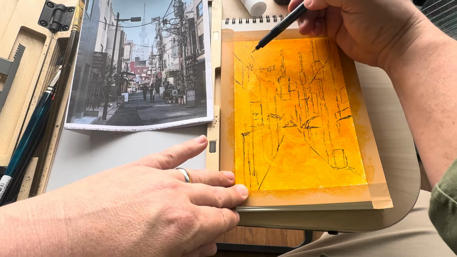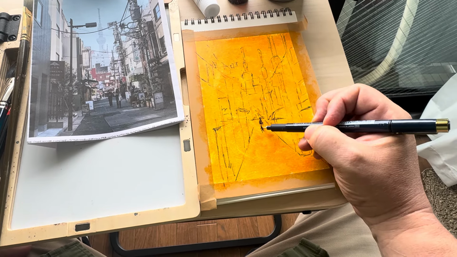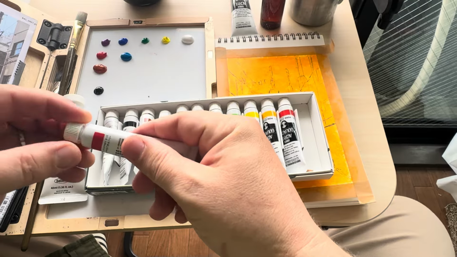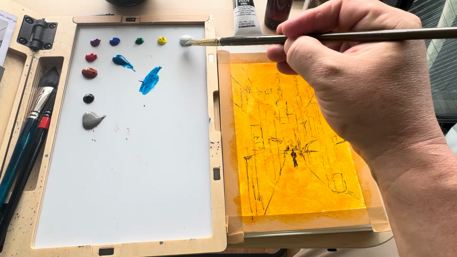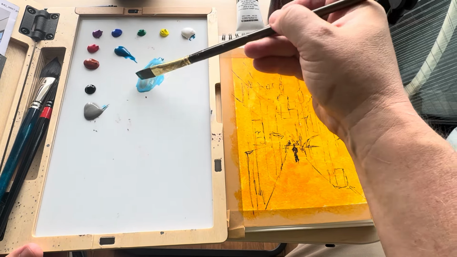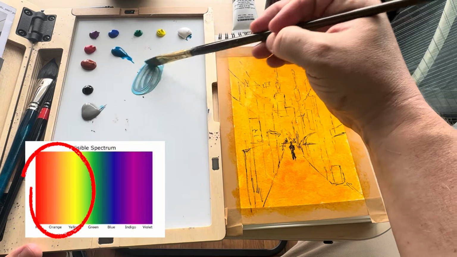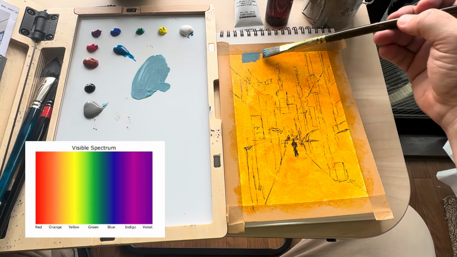In case you don't know, color temperature is a basic color theory that there are two different types of colors, and they're either warm or cool. You can think of them as hot or cold. These two different types of colors have different vibrations. So the warm colors, they are more vibrant, and so therefore they're visually more stimulating.